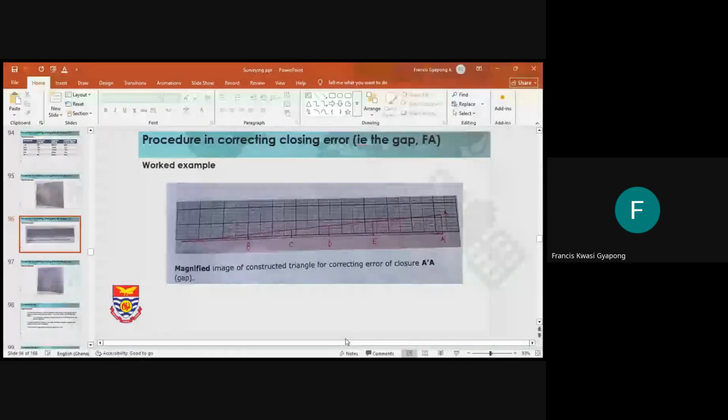Then you connect the two lines with dotted or broken lines.